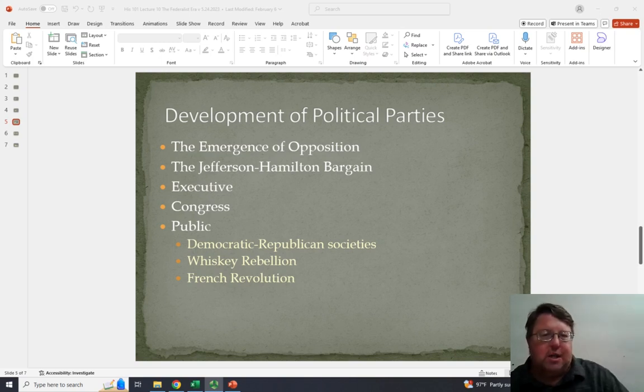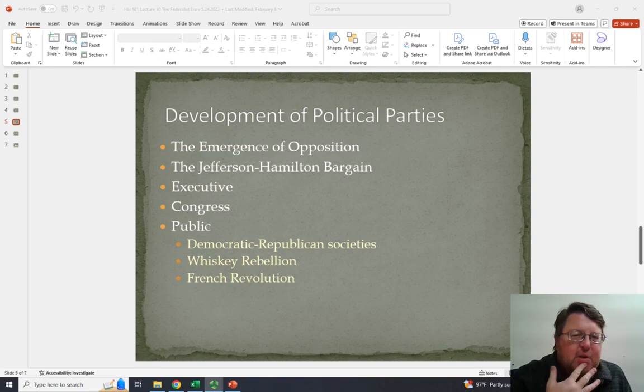So that's the emergence of opposition. You could make the argument that Alexander Hamilton's policies single-handedly created political parties. There's more details to that. It's a simplification, but you could make a strong argument that Hamilton's economic policies single-handedly created political parties.